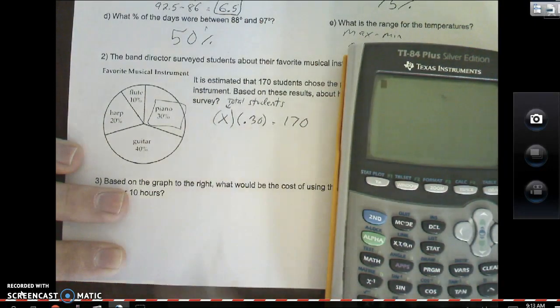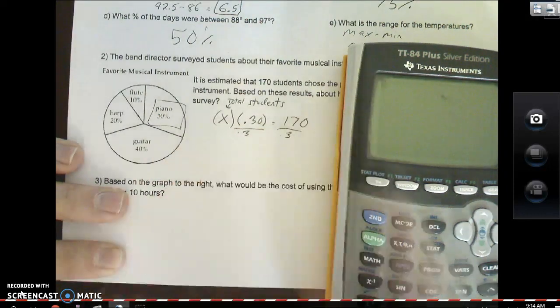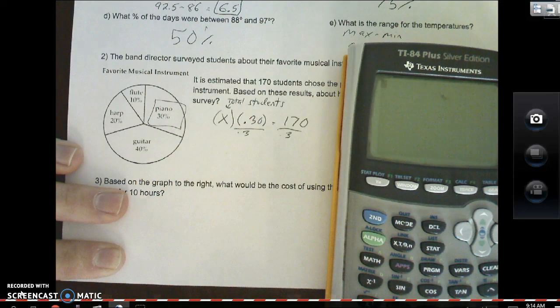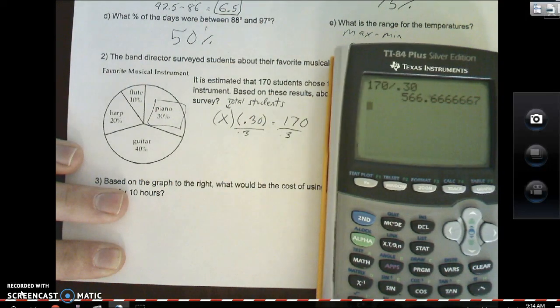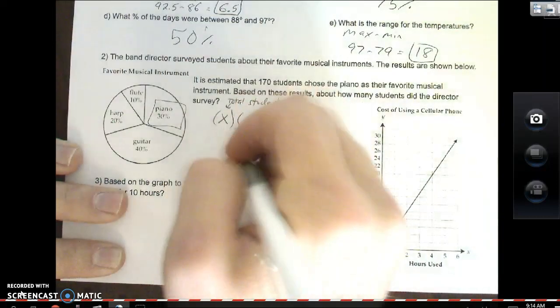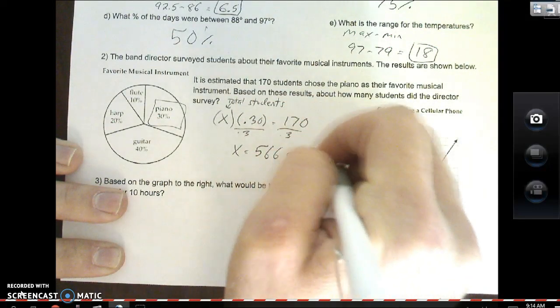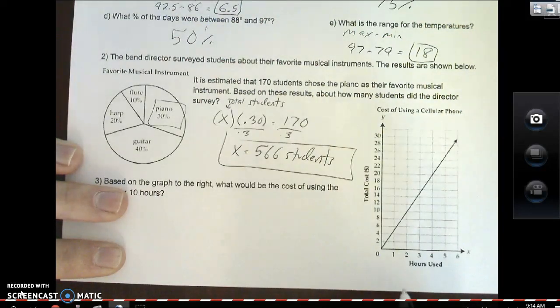I'm dividing both sides by 0.3. So 170 divided by 0.30 is 566.66. You can't really have 0.66 of a person, so we'll just round down. 566 students. Okay, cool.